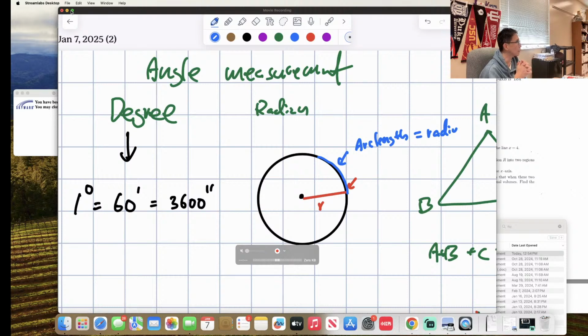Why is it 57.3 degrees? Can anybody answer me that? It does have something to do with pi. Nobody can tell me why it's 57.3 degrees.